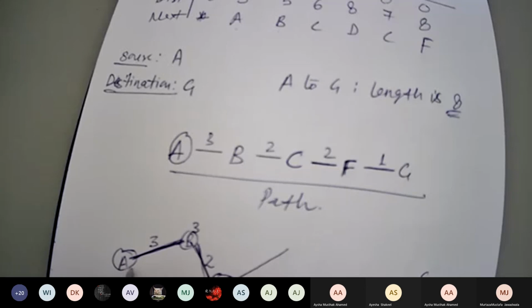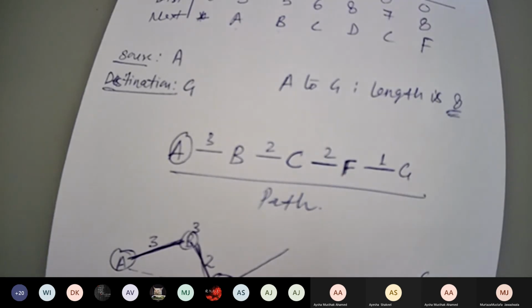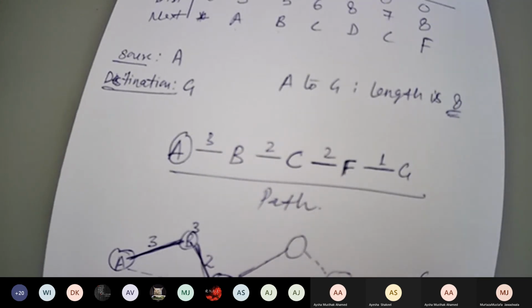Then A to C was also there. C to D was also there. D to E was also there. Even E to F was there. D to G was there. E to G was there. C to E was there.